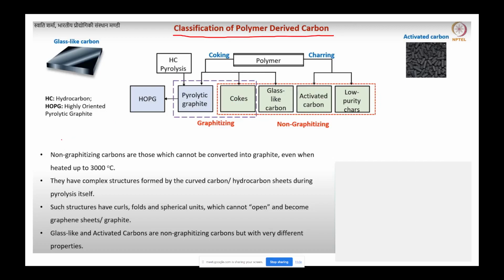Okay. So non-graphitizing carbons are those which cannot be converted into graphite even when you heat them. Suppose non-graphitizing carbon: it cannot convert into graphite even if you apply a very high temperature.